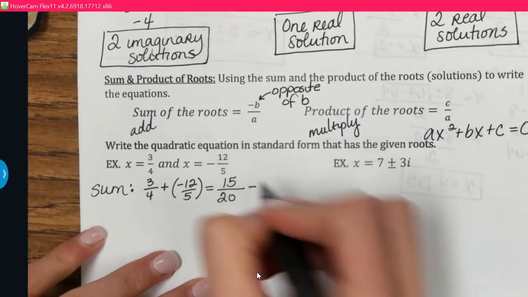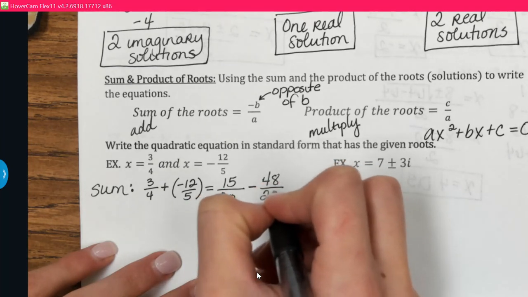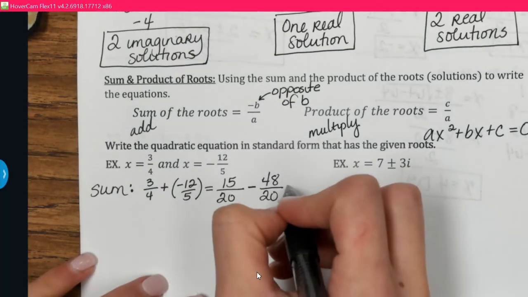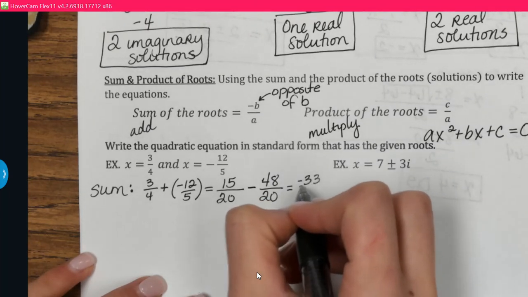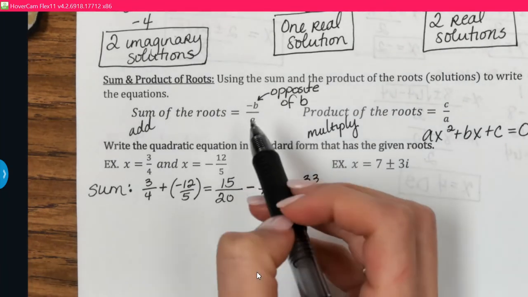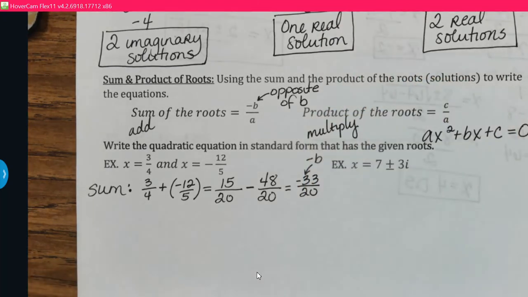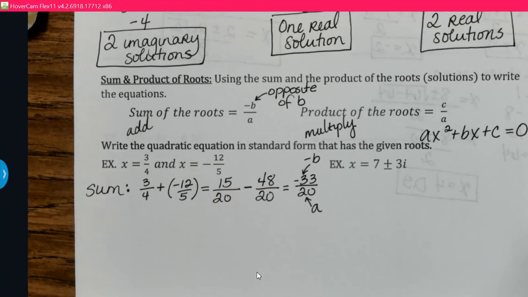And then I've got a negative 48/20. And what does that equal? Negative 33/20. Now we said the sum is the negative b. So if this is negative b, my b is really 33. And then my a is 20.